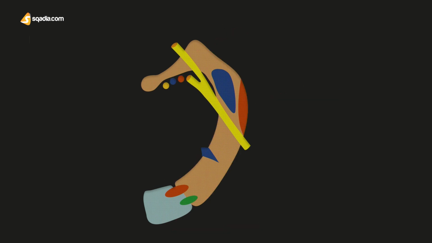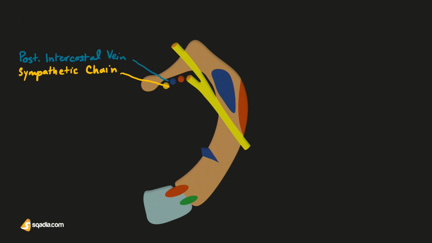Starting from the posterior side, we first have, you can see yellow, blue, and red. So in yellow, we have the sympathetic chain. The next one is the posterior intercostal vein. And that red one over there is the superior intercostal artery.